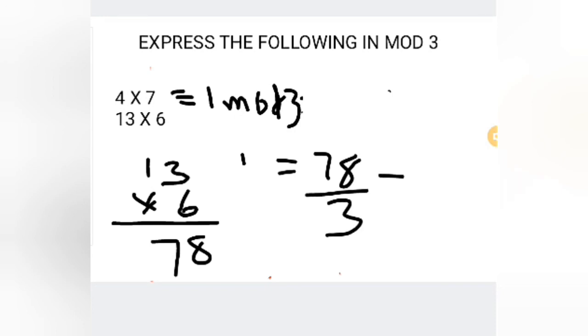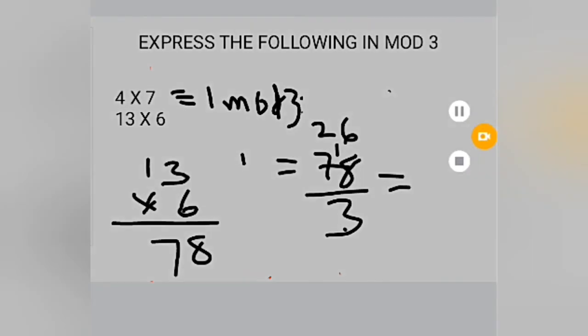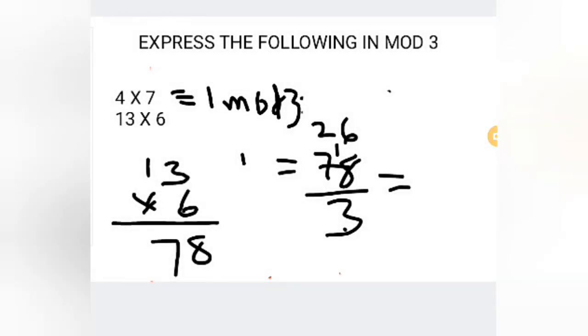How do we get 78 over 3? 3 in 7 gives what? 2. Remainder 1 making 18. 3 in 18 gives 6. Remainder what? Remainder 0. So we have 26, remainder 0.